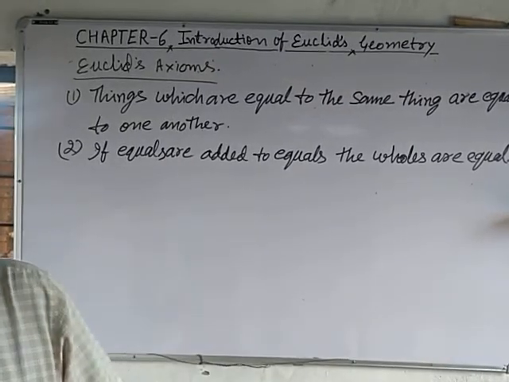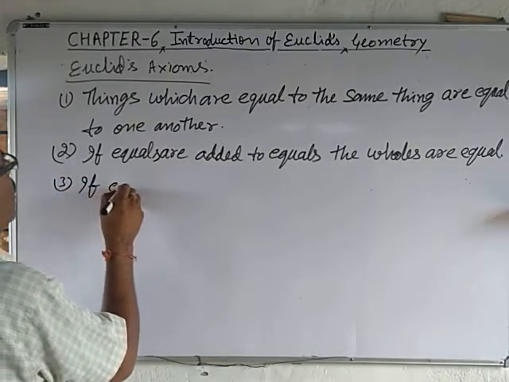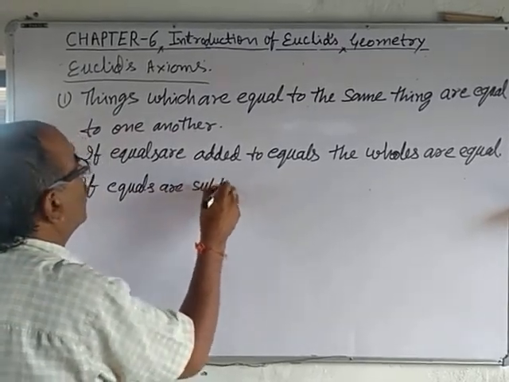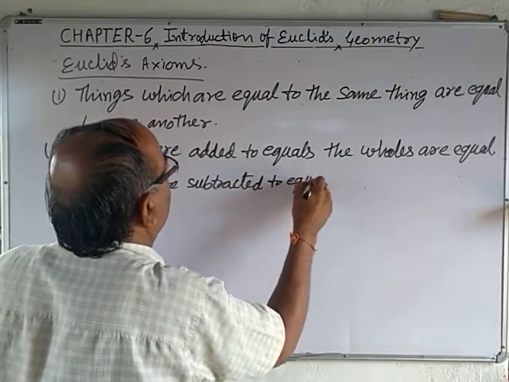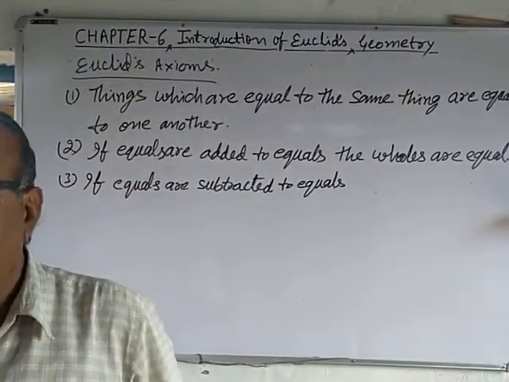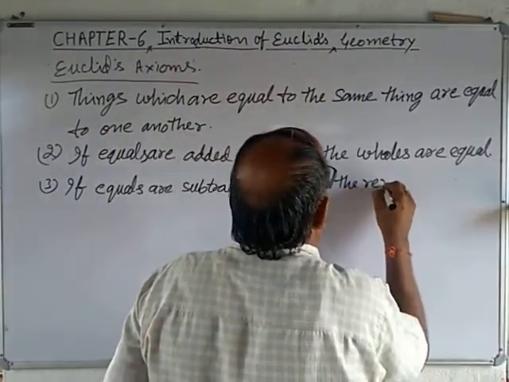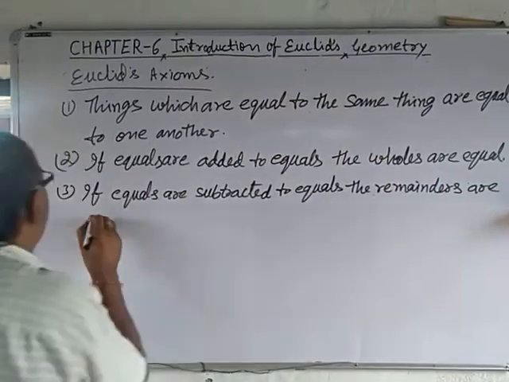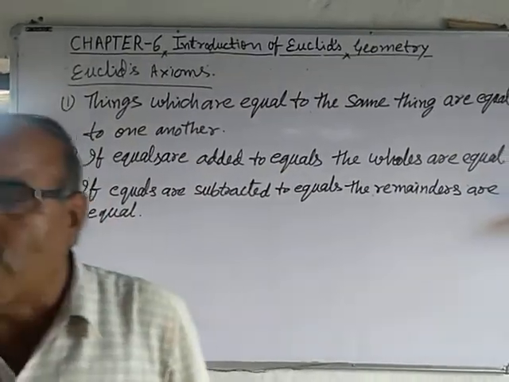Third: if equals are subtracted from equals, the remainders are equal.